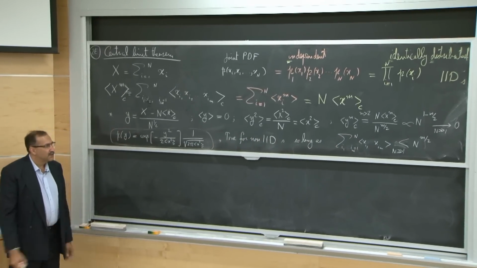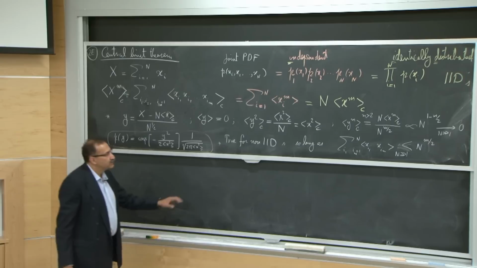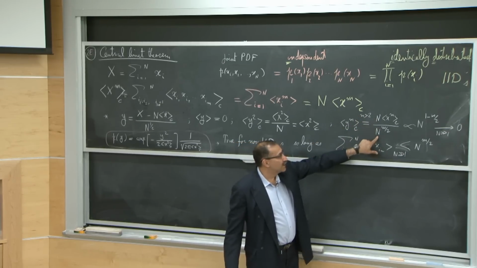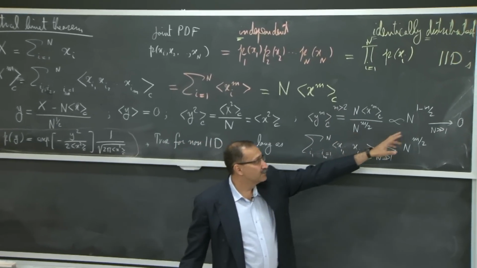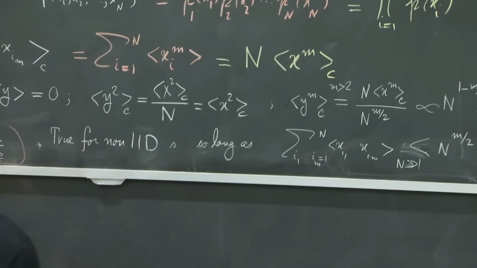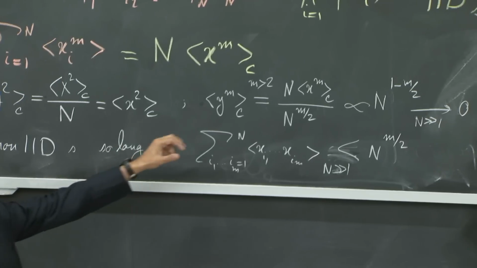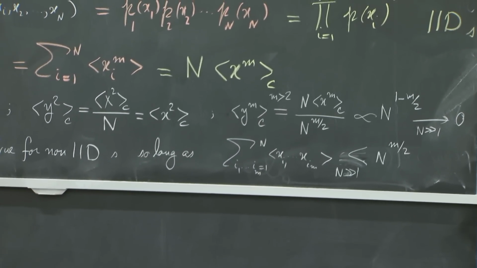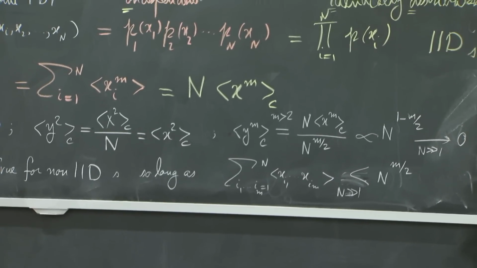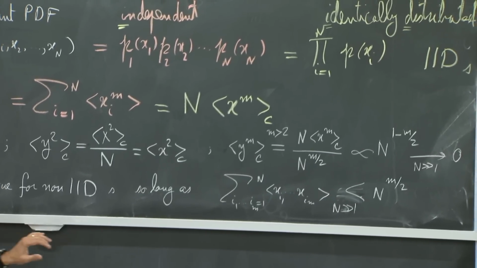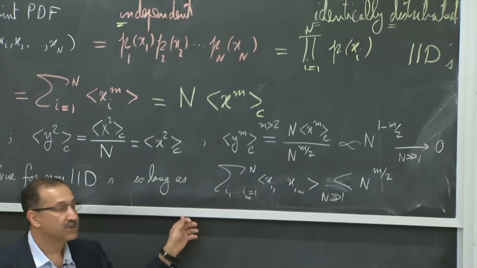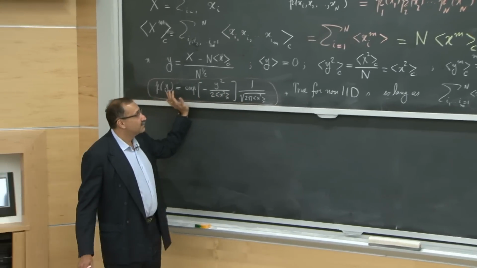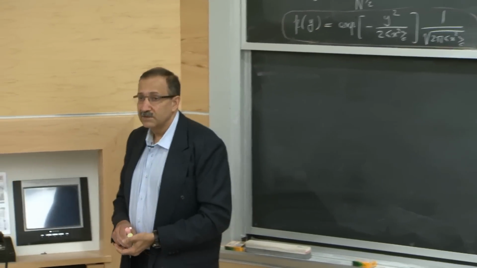Okay. So basically what I want to do is to ensure that when I construct the analog of this, I would have something that when I divide by n to the m over 2, I will asymptotically go to 0. So in the case of IIDs, the numerator goes like n. It could be that I have correlations among the variables, etc., so that there are other terms in the sum because of the correlations. As long as the sum total of them asymptotically grows less than n to the m over 2, this statement that the sum is Gaussian distributed is going to be valid.